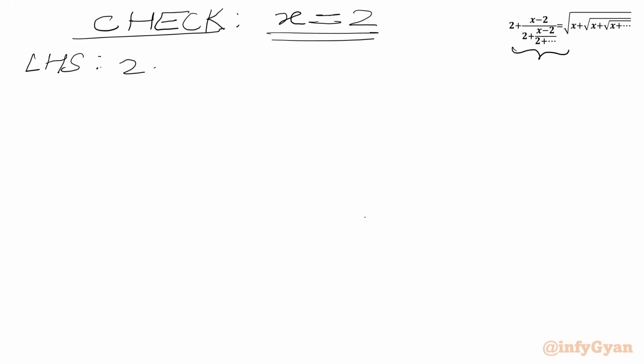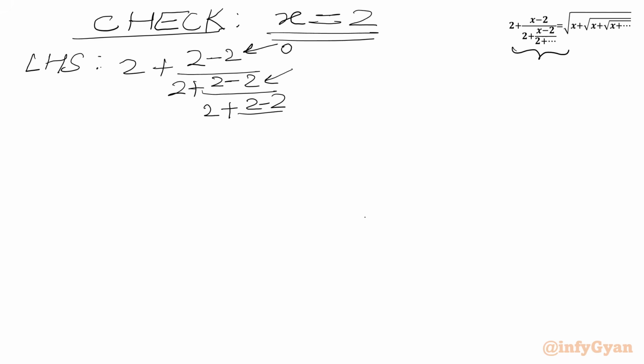So let me write here 2 plus 2 minus 2 over 2 plus 2 minus 2 over 2 plus 2 minus 2 over, and so on. So we are going to get 0 here, 0 here, 0 here. So in total LHS would be 2 only, this term only.